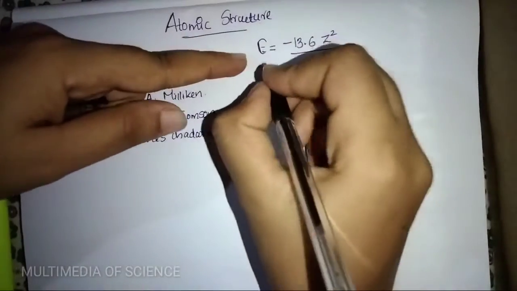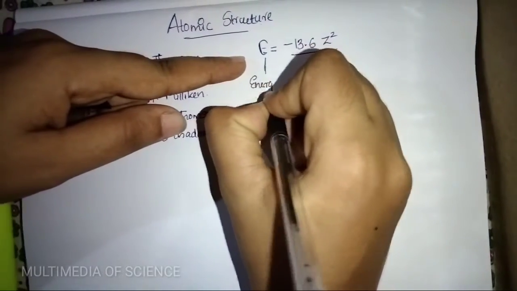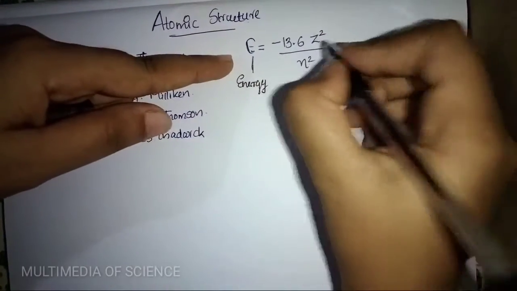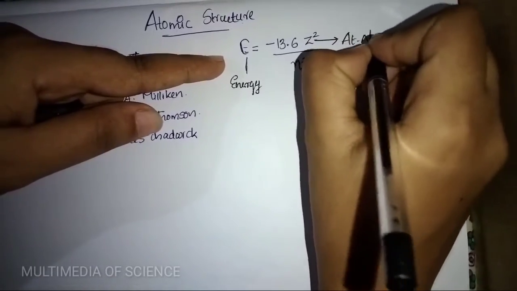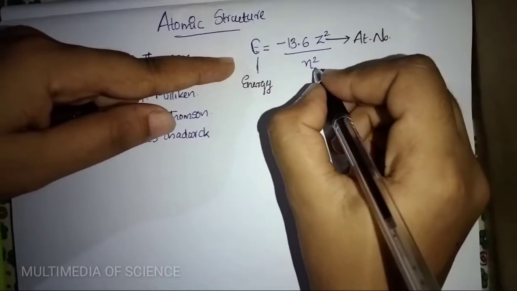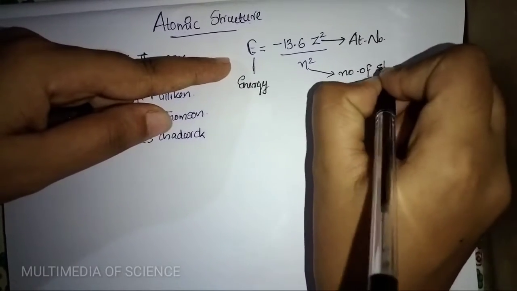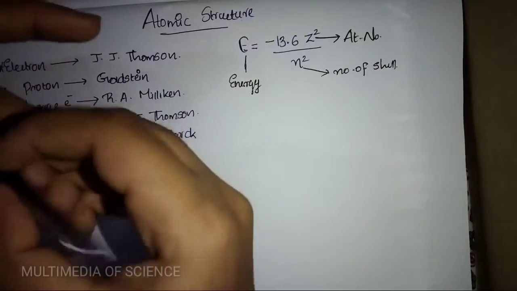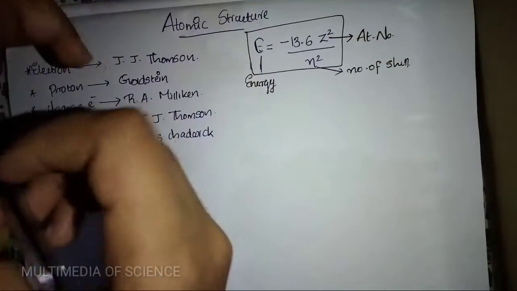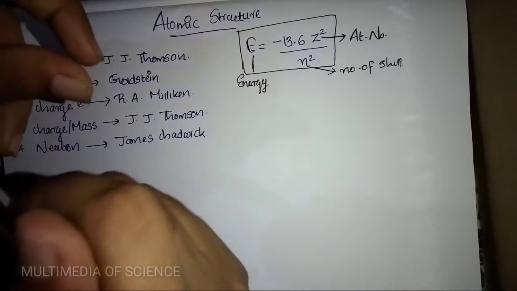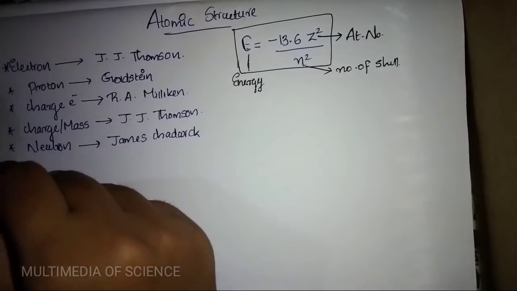What is Z? Z is the atomic number. What is N? N is the number of the shell which is occupied. So E equal to minus 13.6 into Z square by N square is the equation for the energy.